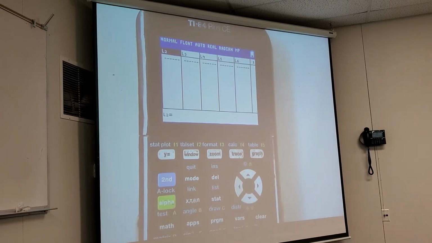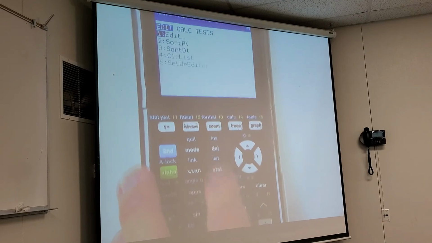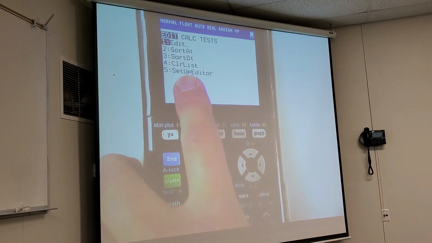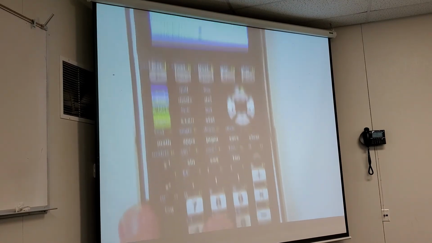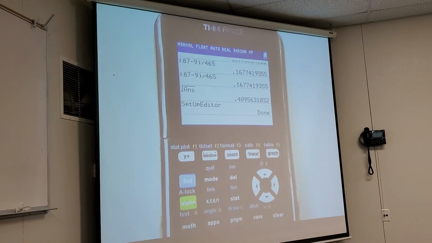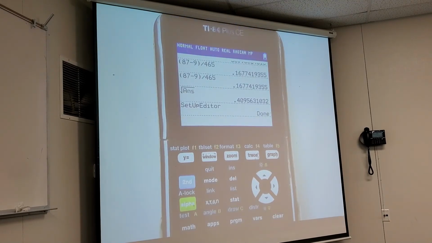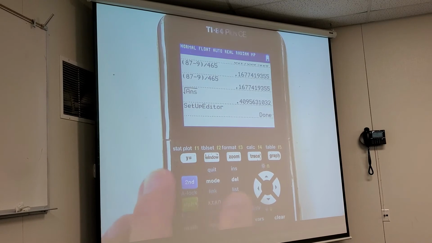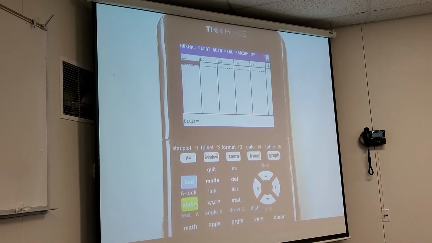If at any time during the semester one of your lists just disappears, just hit stat, setup editor, 5, enter. It's very anticlimactic. It just says done. If I go back in, my L1's back.